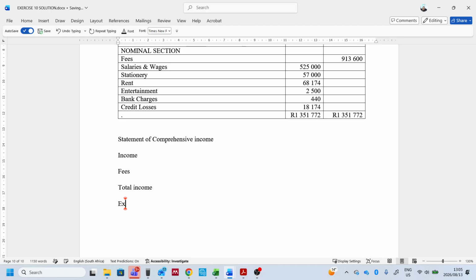And then you're gonna say expenses. In our case, we've got salaries and wages. I'm just gonna write all I remember. Salaries and wages. We also have got rent expense. We also have got stationery.